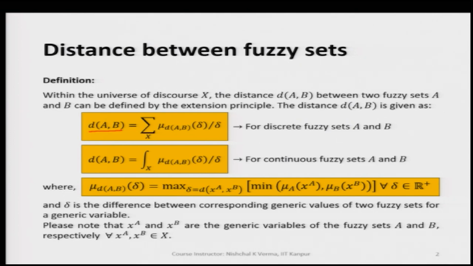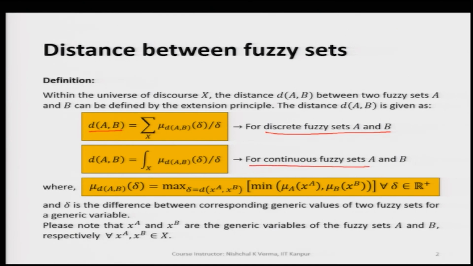Summation is used here for the discrete fuzzy set case, and on the same lines we have another formulation where we use the integration symbol in place of summation, for the continuous case.